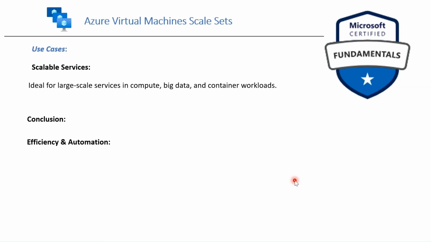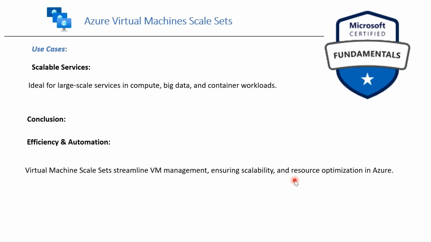So, conclusion: efficiency and automation are the two key takeaways. Virtual machine scale sets streamline VM management, ensuring scalability and resource optimization in Azure.